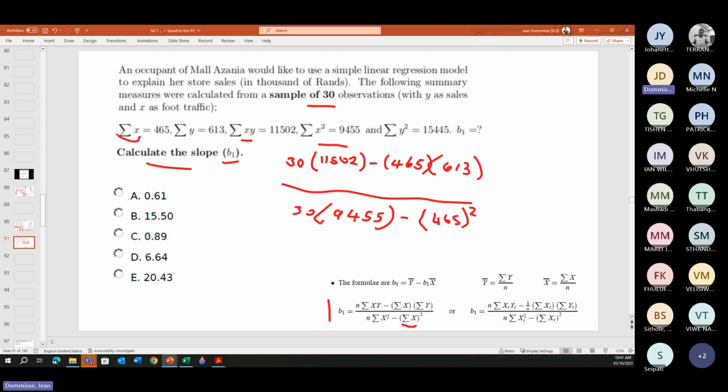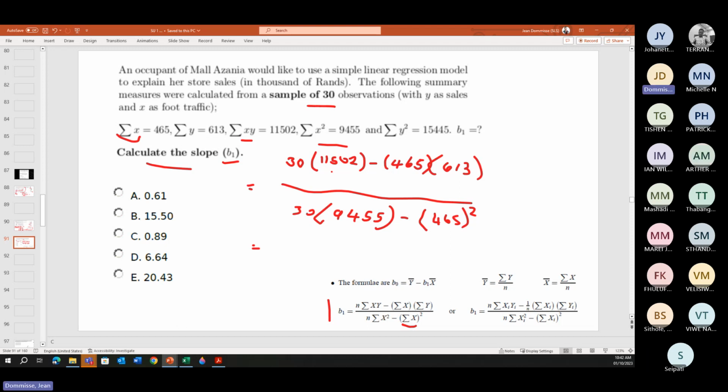So first sum of x, then to the power of 2, and not directly the x squared. And again, if you change it, it will create a different answer for you. Okay, so let's now work this out.